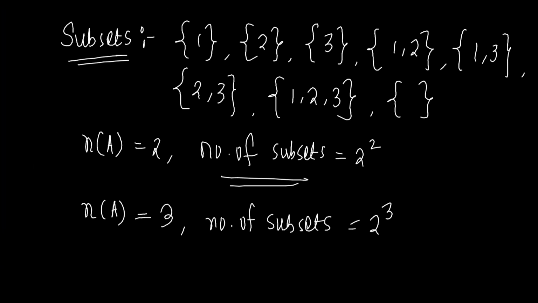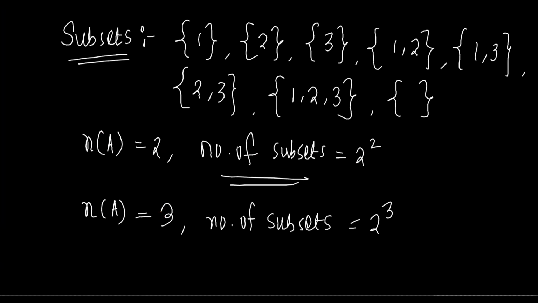So you can understand that whatever the cardinal number present inside the set is, it becomes the power of 2. Here the cardinal number of A was 2, so it became 2 to the power 2. In this case the cardinal number of set A is 3, so the number of subsets is 2 to the power 3. That means whatever the cardinal number we take, 2 is raised to that power.